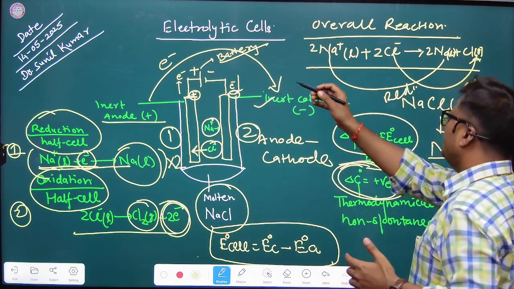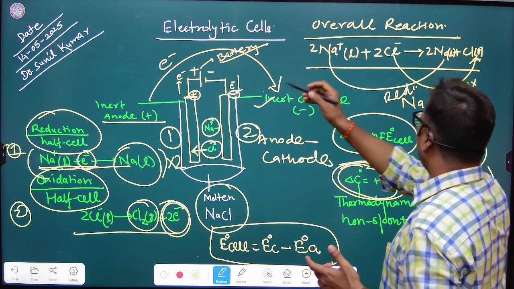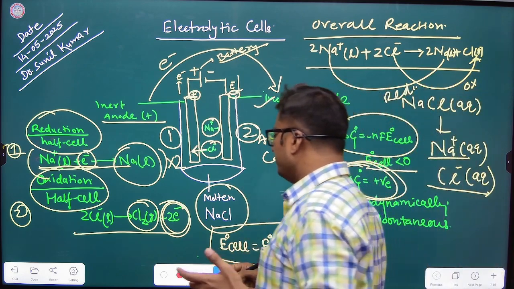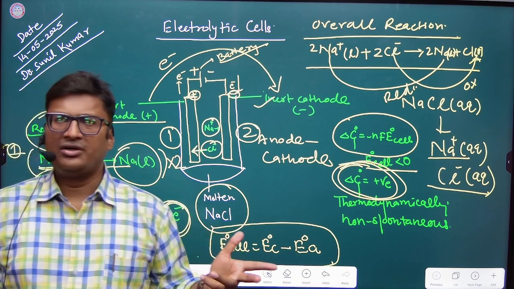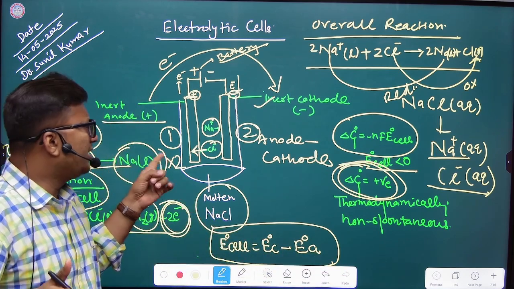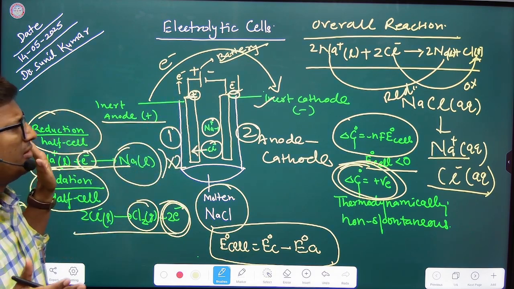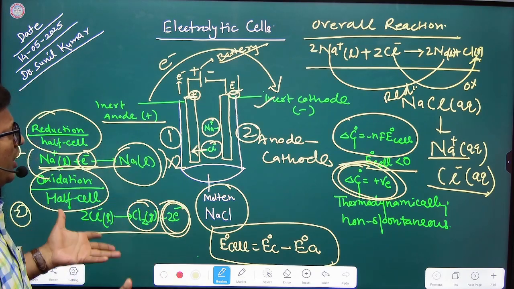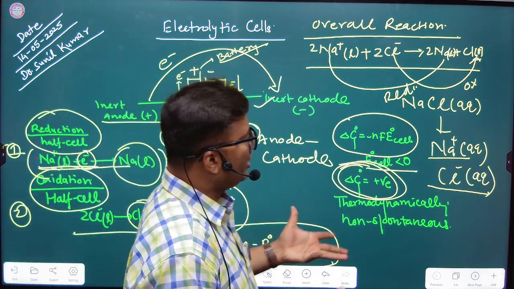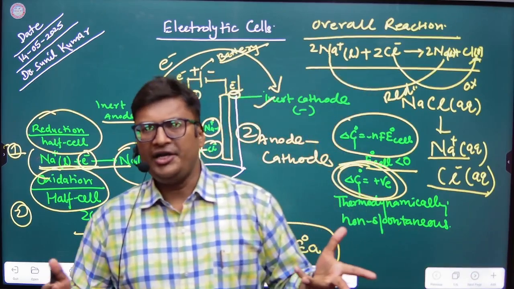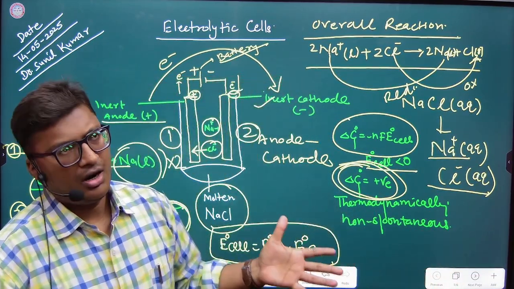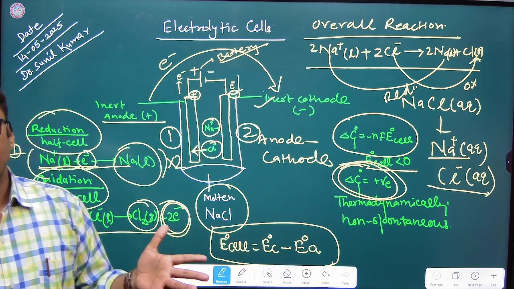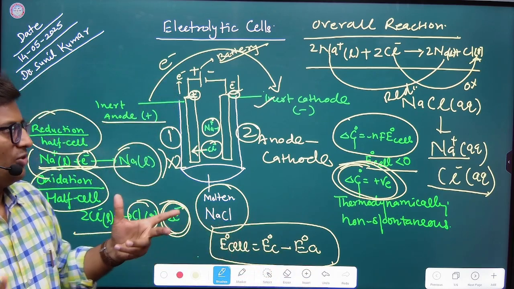Here electricity is used through the battery, and these reactions are carried out in the presence of electricity, because of the exchange of electrons at these two inert electrodes, and the products are obtained. So in brief, in an electrolytic cell, E cell or E0 cell is always a negative quantity, but in a galvanic cell, E0 cell is always a positive quantity, right?